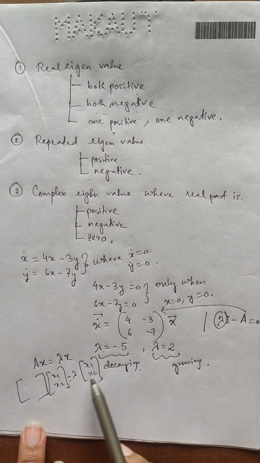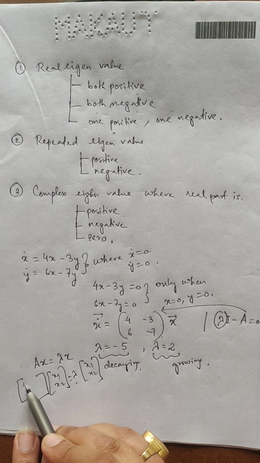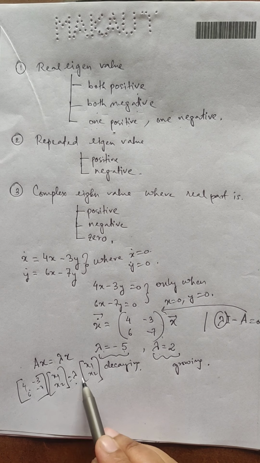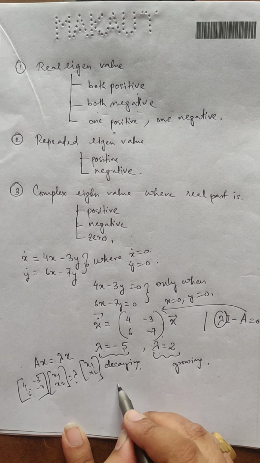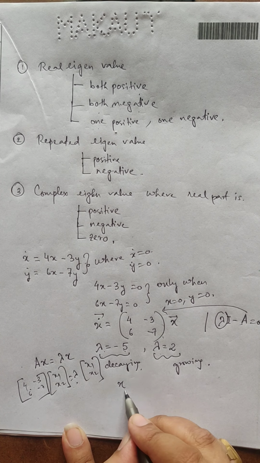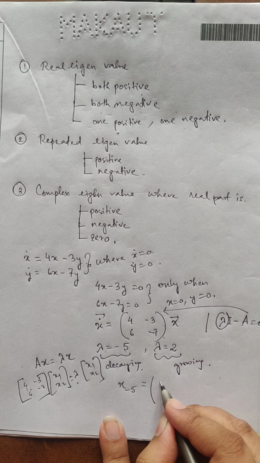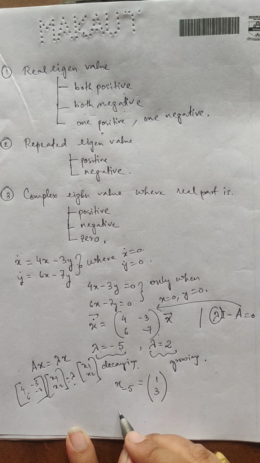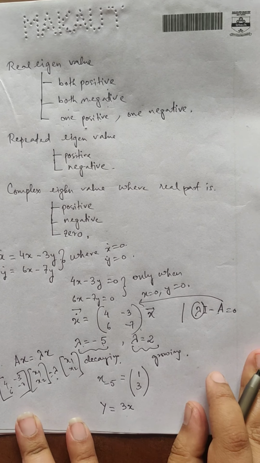So using minus 5 and putting the system matrix here, 4, minus 3, 6 and minus 7, with lambda equal to minus 5, I will get the first eigenvector, which is 1 and 3. Now this will give me a straight line equation y equal to 3x.